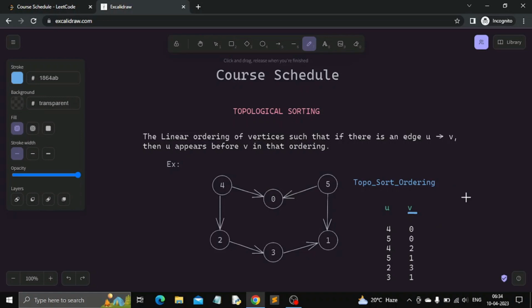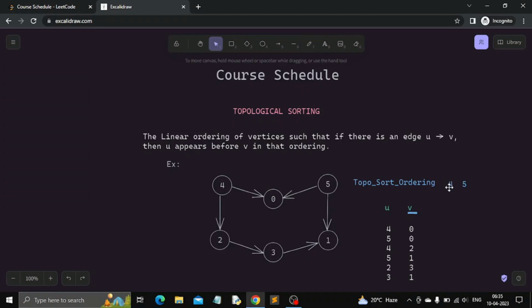Okay, so in our topological sorting we can first write 4 and 5. After this, again we are going to check the right hand side, and now we are going to find which is the other node that we can now reach after reaching nodes 4 and 5.